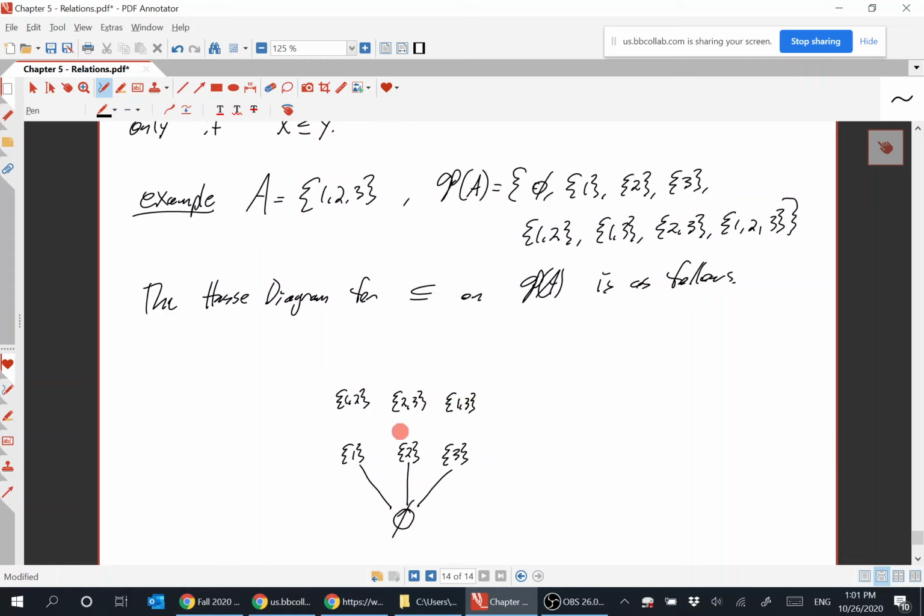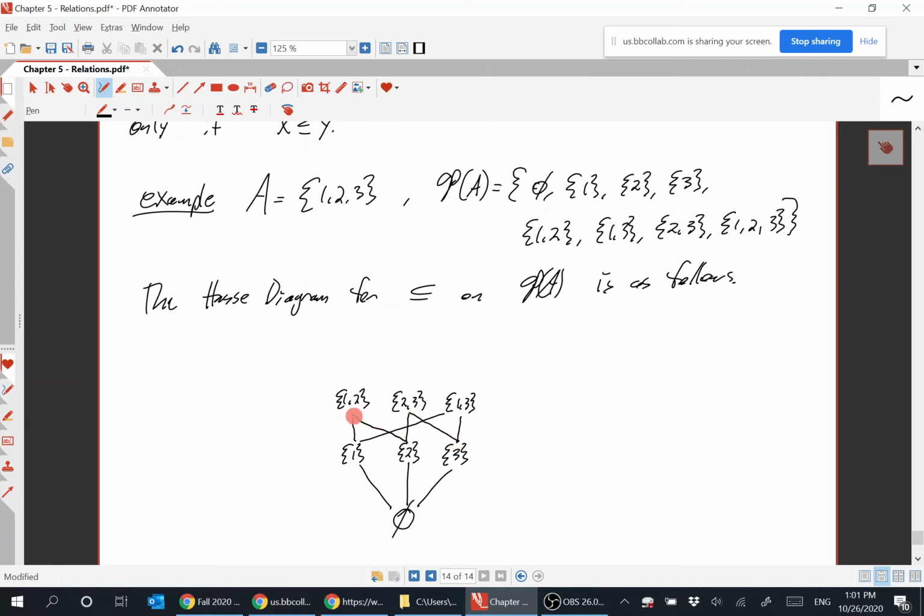{1, 3}. So the set {1} is contained in the sets {1, 2} and {1, 3}. The set {2} is contained in {1, 2} and {2, 3}. And the set containing 3 is contained within the subsets {1, 3} and {2, 3}.